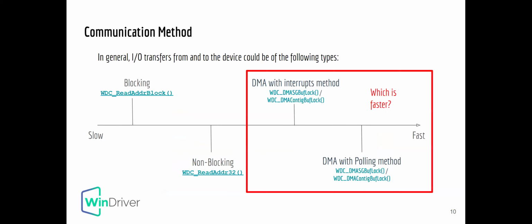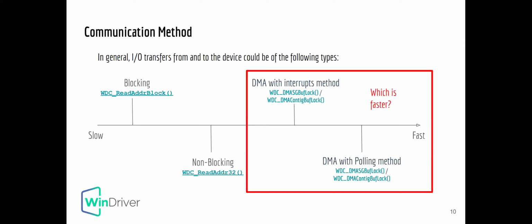And there are also different DMA types. Okay, so blocking and non-blocking is the non-DMA ways to transfer data. There are DMA with interrupt method and polling method. The question, which is faster? One may think that interrupt is usually faster.